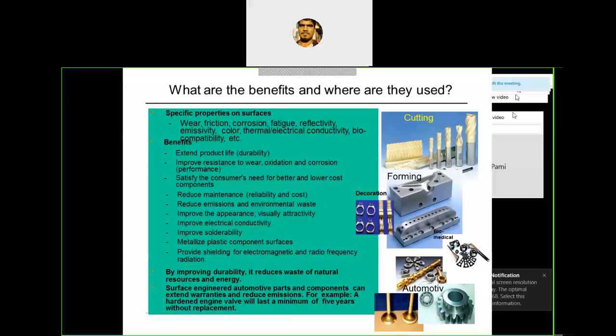So these are some important properties, or some benefits we can expect from using surface treatment or surface engineering. By improving durability, it reduces the wastage of natural resources and energy. Obviously, if the friction reduces, the power consumption also reduces.